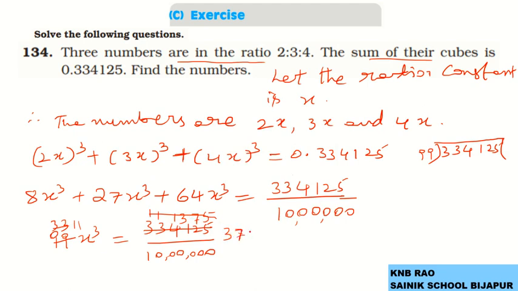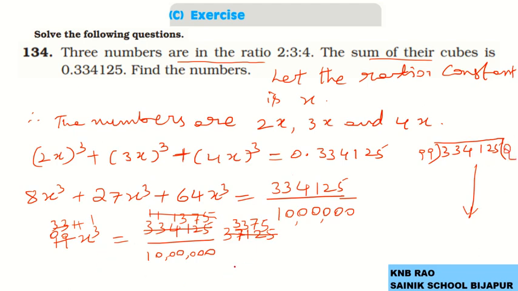Next, 3 1s are 3, 3 2s are 6, 3 5s are 15. Next, 11 1s are 11, 11 3s are 33. From 41, 33 gone gives you 8. 82 means 11 7s are 77. From 82, 77 subtracted gives you 5, 55. So it gives you 5. That's all. You do the division. This is the better option. You will get the correct quotient.